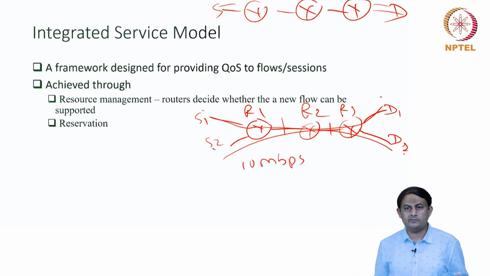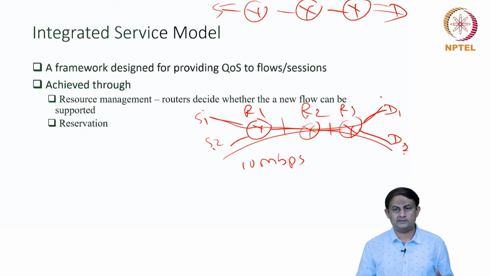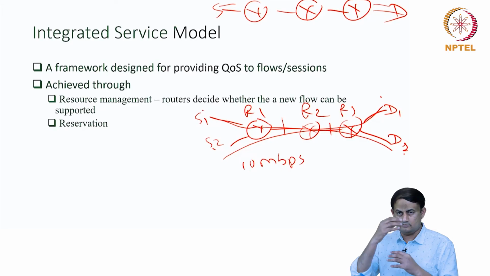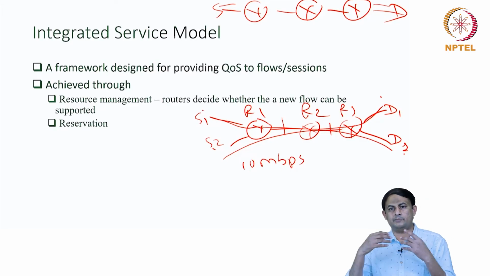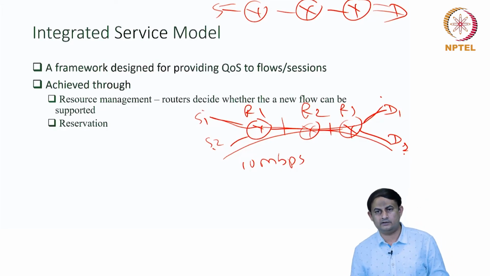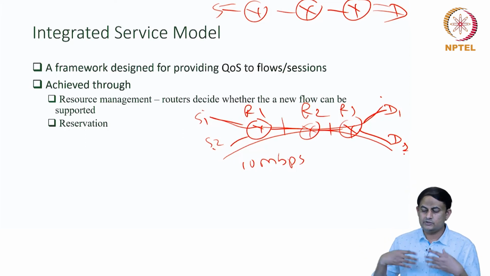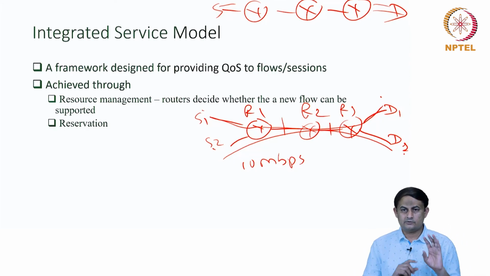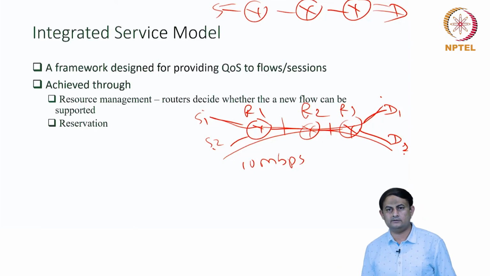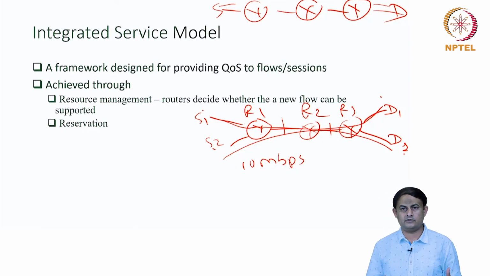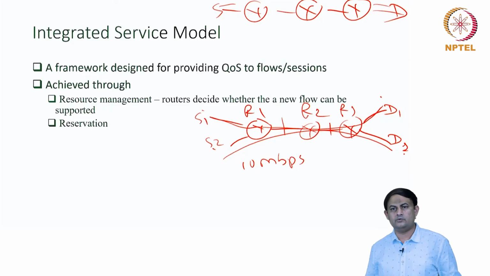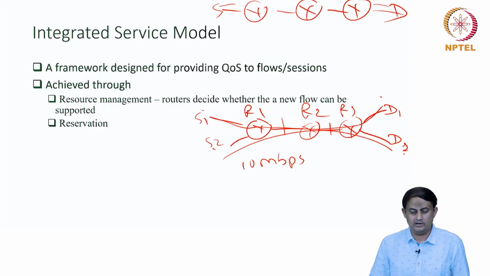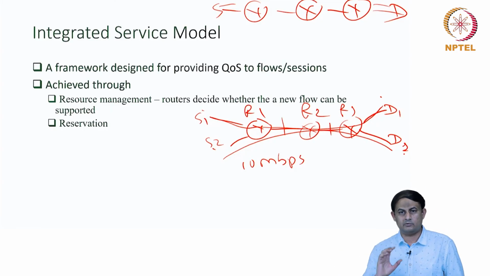The resource can be anything. It might be buffer space, it might be the order in which the packets are picked, the scheduler is altered, or any of this, using which you bring the notion of the required quality of service. So two things, one is reservation and the other is admission control. Together you bring the quality of service to the application. That is what the integrated service model does.